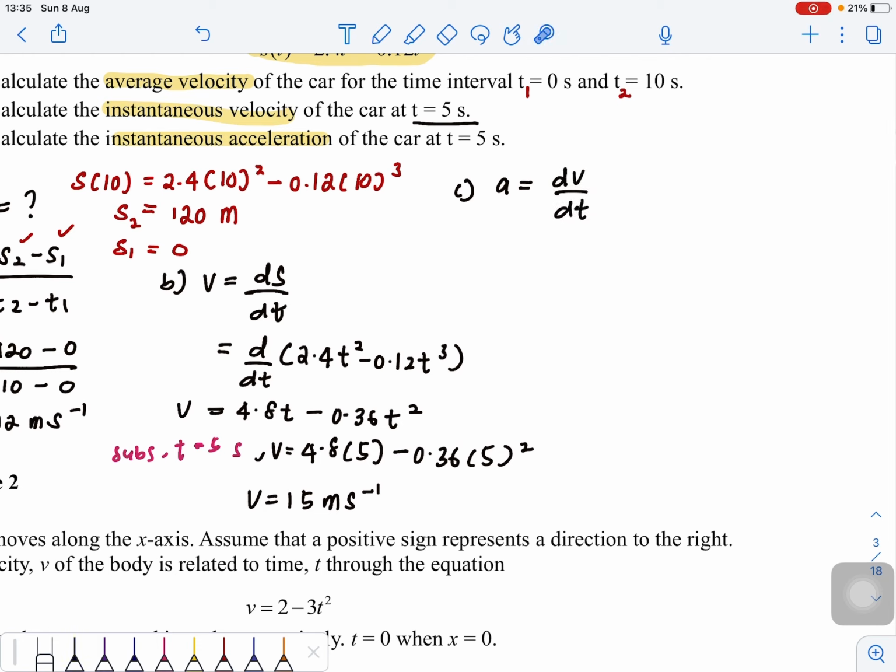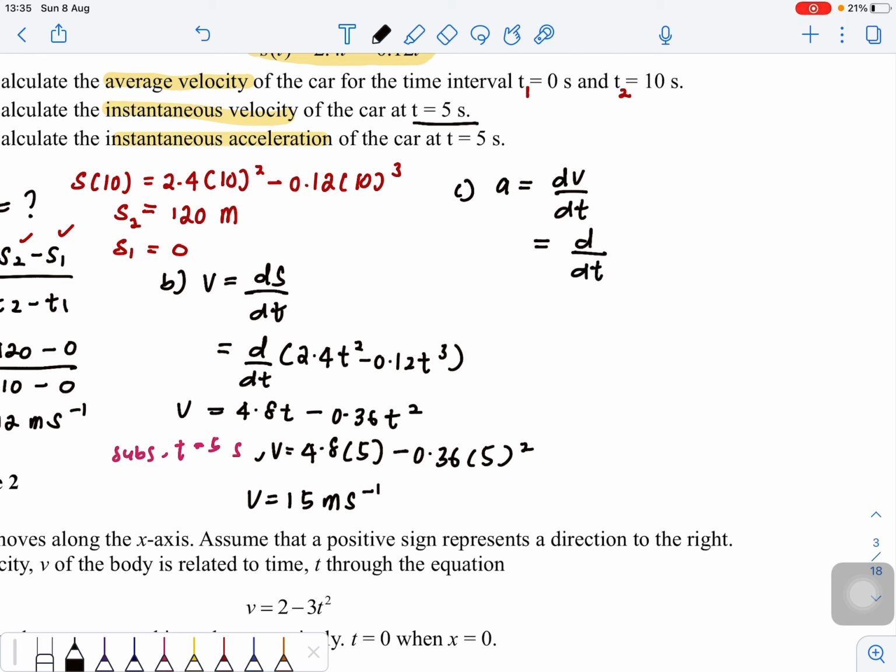So, remember always apabila kita nampak d over dt ni, maksudnya kita kena differentiate. But now untuk acceleration, kita kena differentiate v pula. So, v this is the equation. Kamu sudah dapatkan tadi dekat dalam soalan B. So this is the velocity equation that we are going to differentiate.